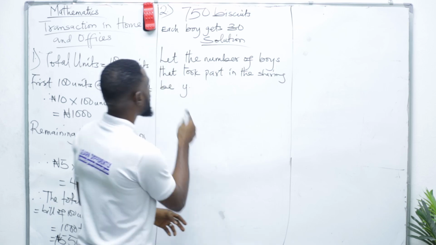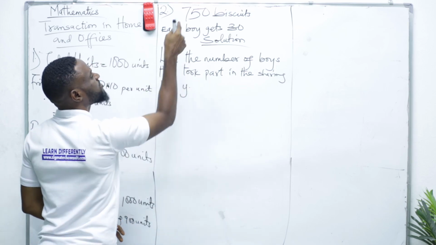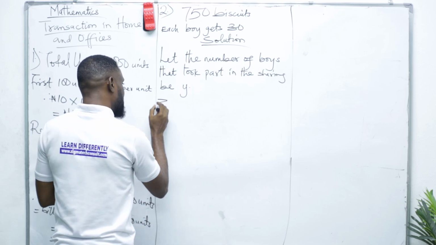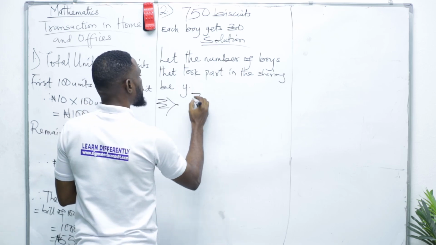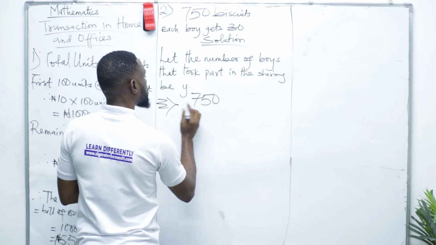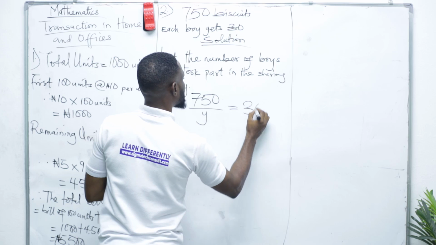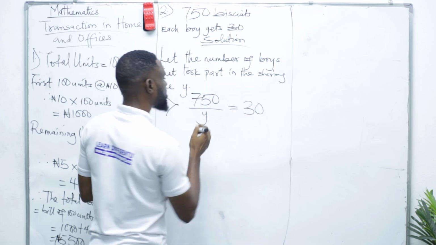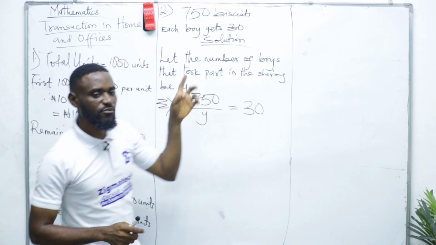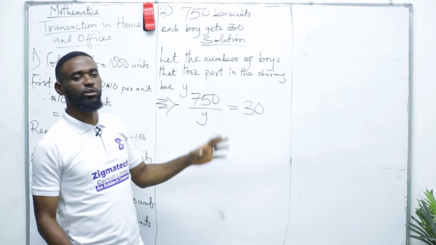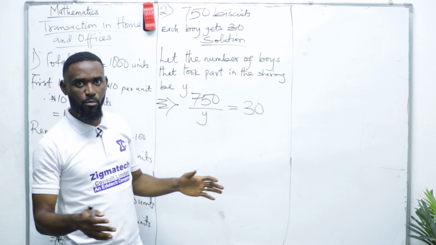So it means 750 was divided by Y to get 30. Is that not what the question is? That's what the question is. 750 biscuits shared equally by, we don't know the number of people, but they were boys.